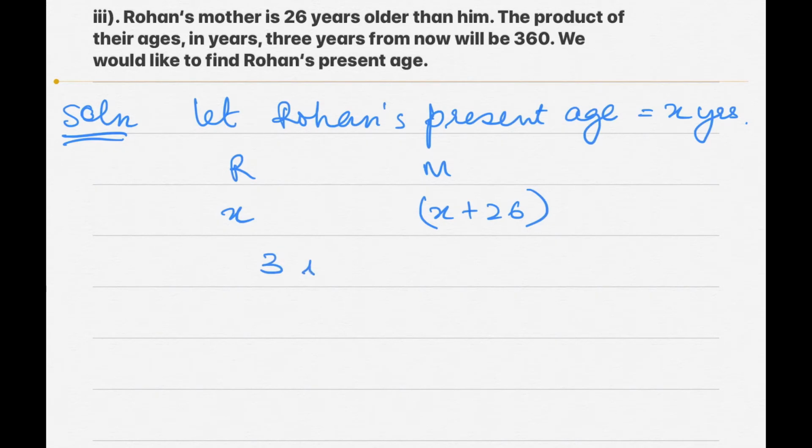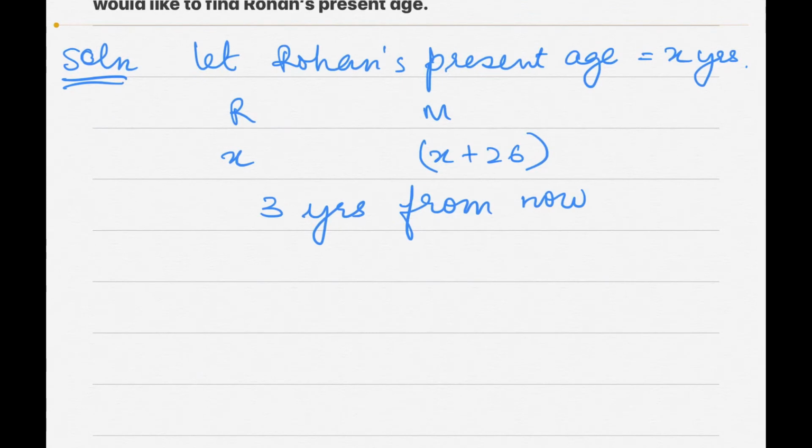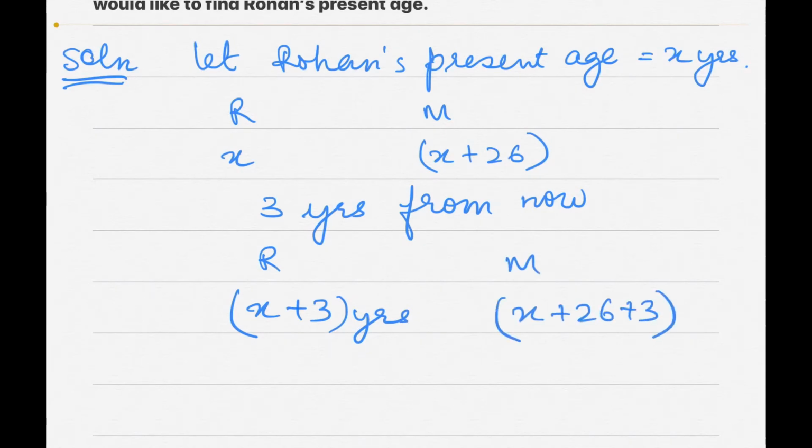So 3 years from now, both will be 3 years older, right? Because after 3 years, Rohan would become x plus 3 years and mother will become x plus 26 plus 3 years, right? So we have found out the ages.